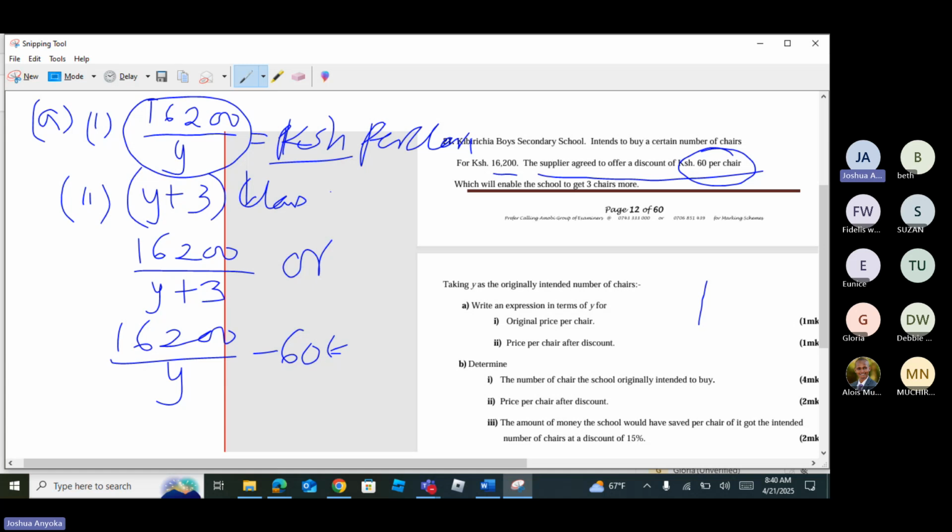Because the original price per chair is what the supplier agreed to offer discount on. So with discount, 16,200 over Y minus 60. So the 2 expressions are fine. Anybody who is not in agreement with what we have demonstrated?